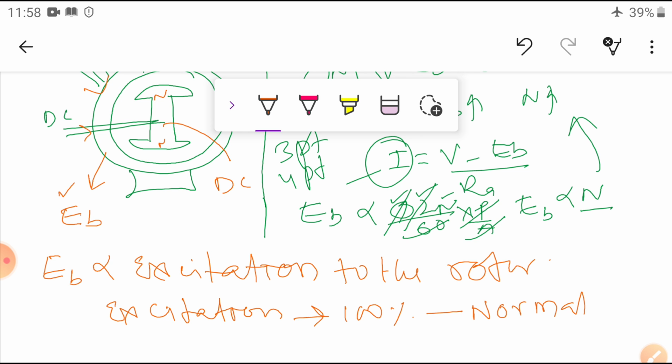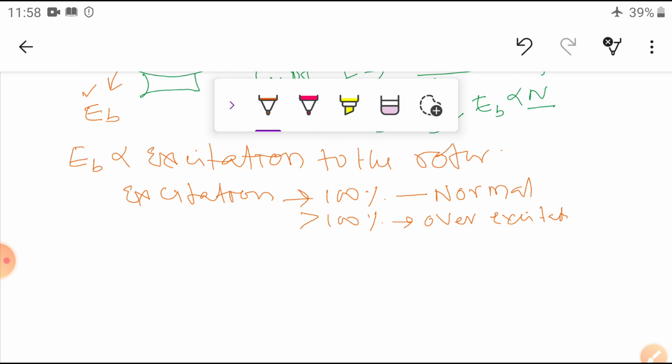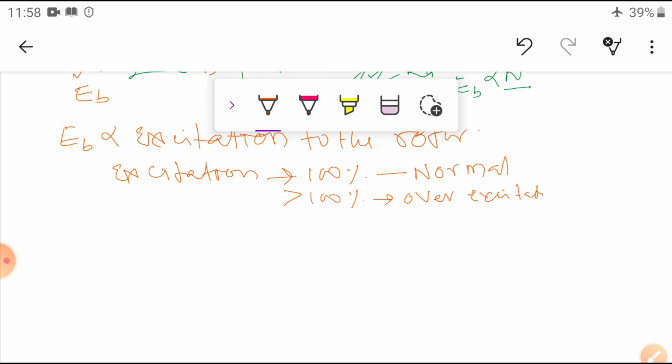If the excitation is more than 100%, then more DC supply is given to the rotor, and it is known as an overexcited machine. If the excitation is less than 100%, we call it under excitation.